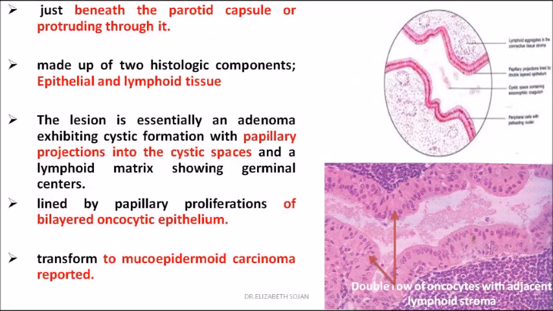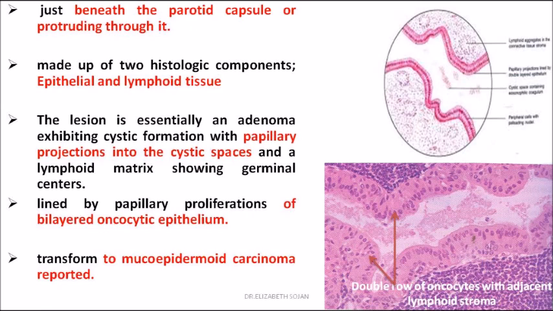Now let's learn the histology part of Wharton's tumor. As I told you, it is connected with the lymph nodes of the parotid gland, isn't it? So this is the lymph node, and within the lymph node what you can see are papillary cystic regions. Double layered papillary projections can you make out in that picture? There are two layers of cells over there. The papillary projections are into the cystic spaces.